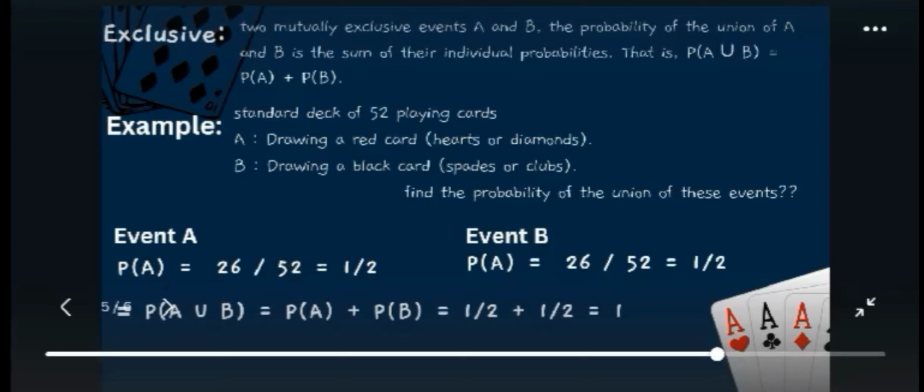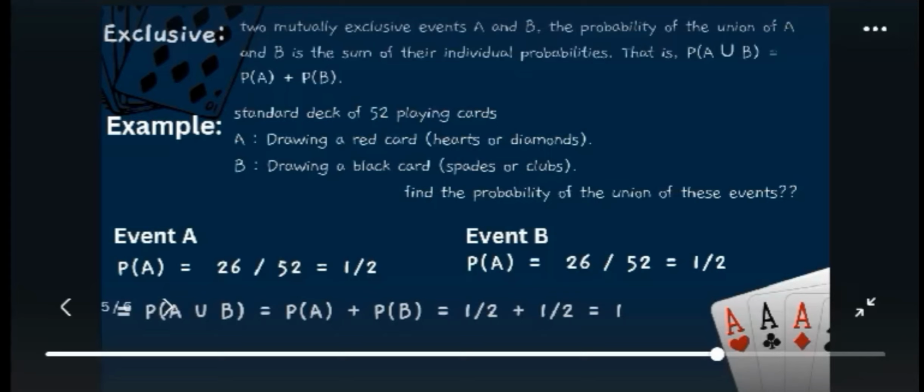Suppose we have a standard deck of 52 playing cards. Let's define two mutually exclusive events. Event A is drawing a red card, hearts or diamonds, and event B is drawing a black card, spades or clubs.